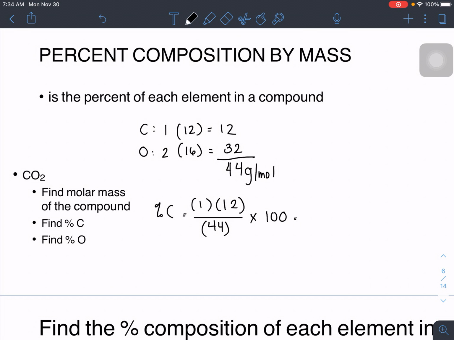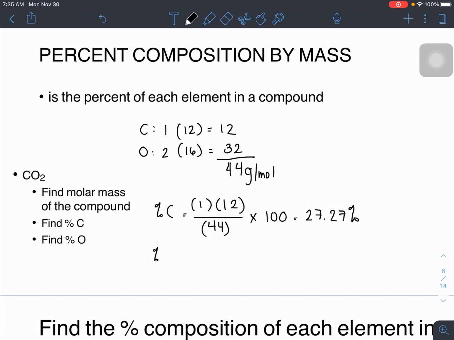So this will be 1 times 12 divided by 44, which is equal to 27.27%. That is the percentage composition by mass of carbon in the carbon dioxide compound.